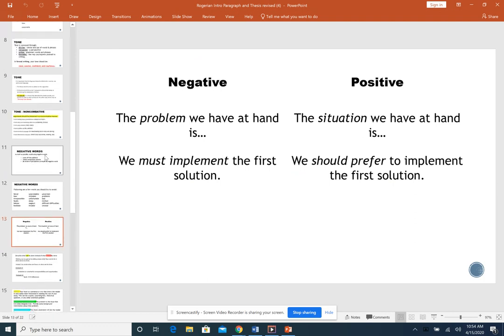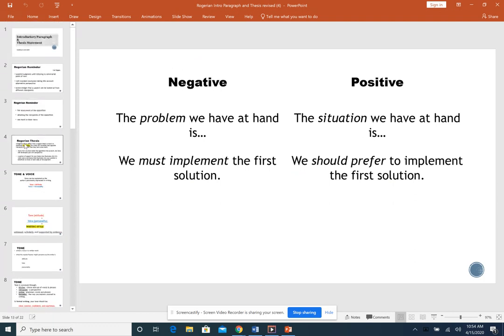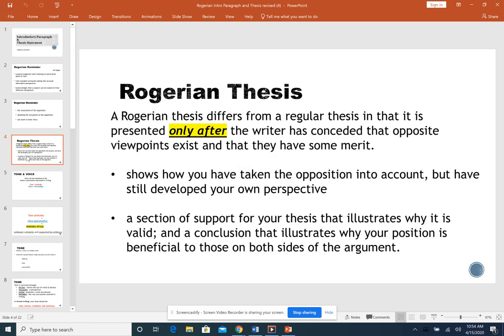So the takeaway from this that I want to emphasize is that your introductory paragraph, the thesis statement, illustrates what the issue is and where the compromise is going to be reached. Remember that introductory paragraph, you must present some background information on the topic and why there's some disagreement on it.